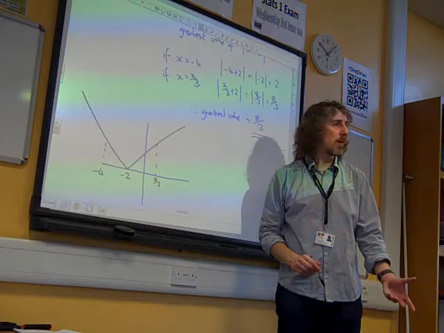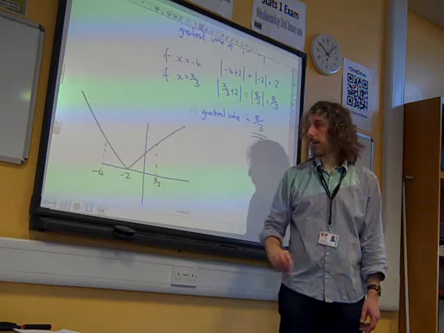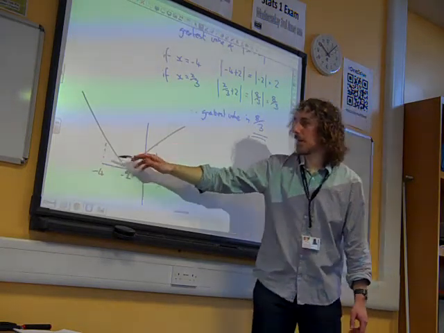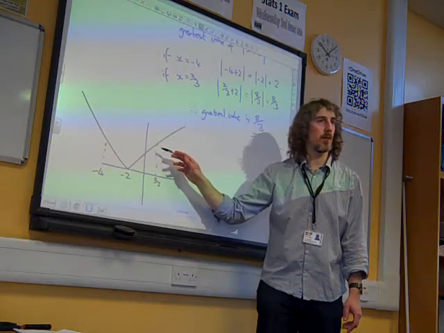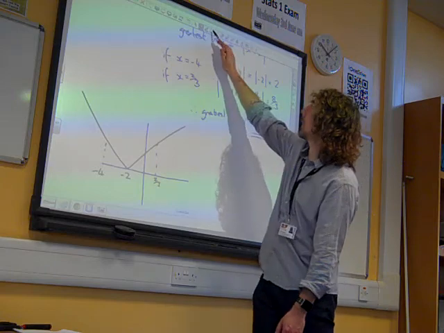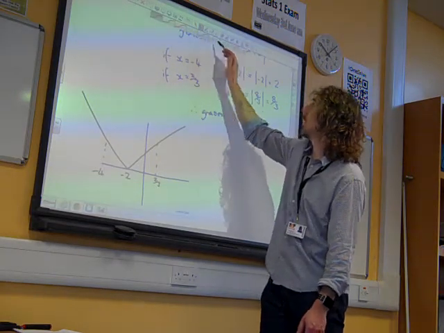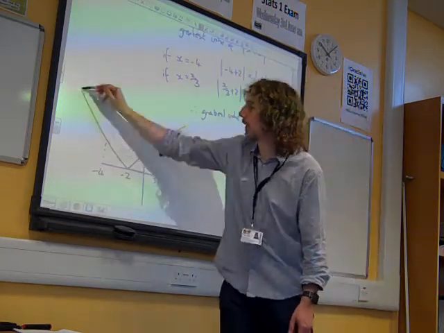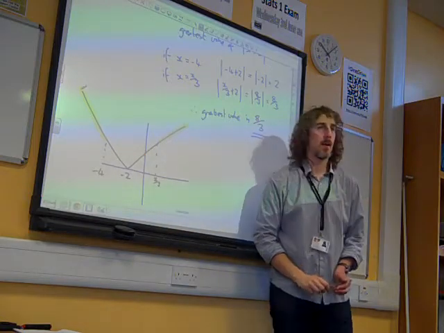Even my rough sketch gives me the idea that the biggest point in that region is at 2/3. We're only thinking about the bit in between.